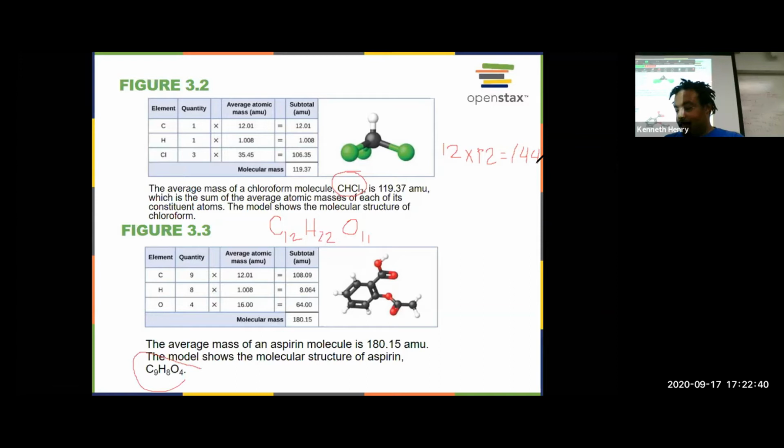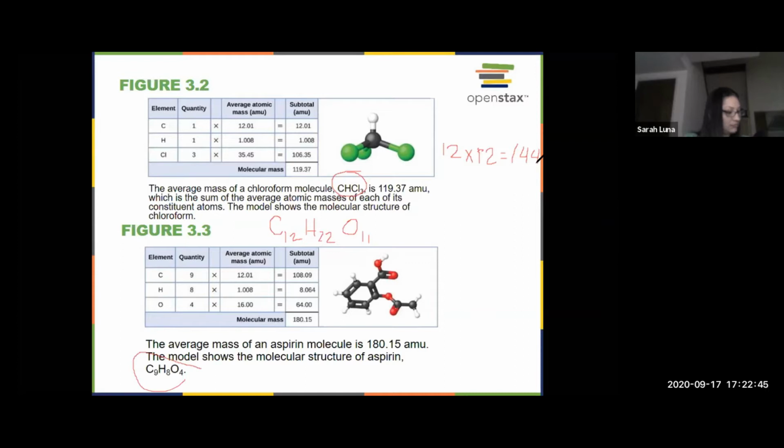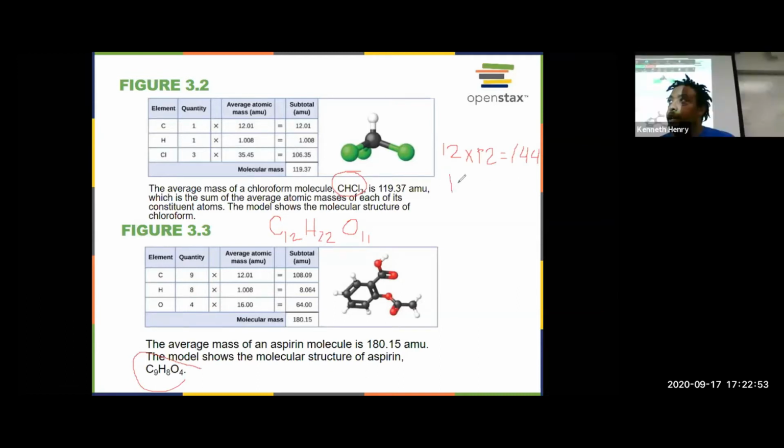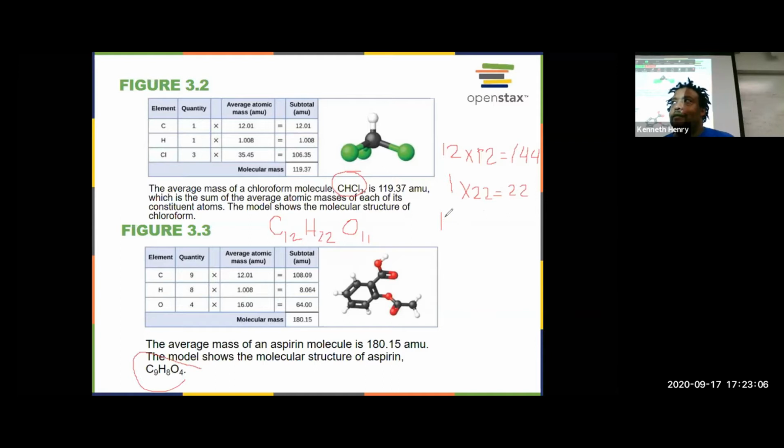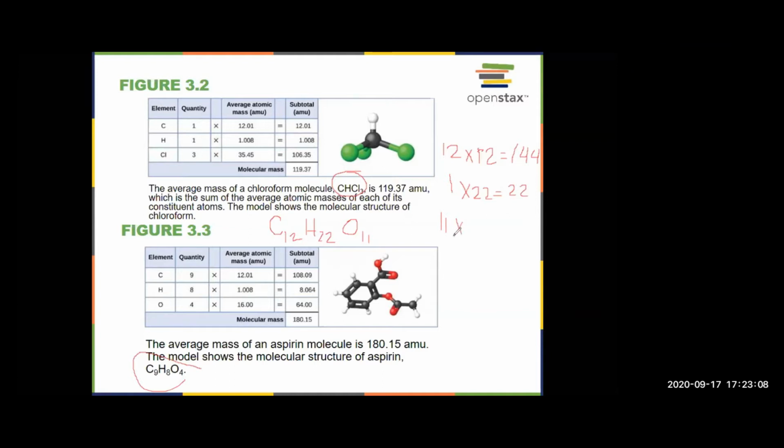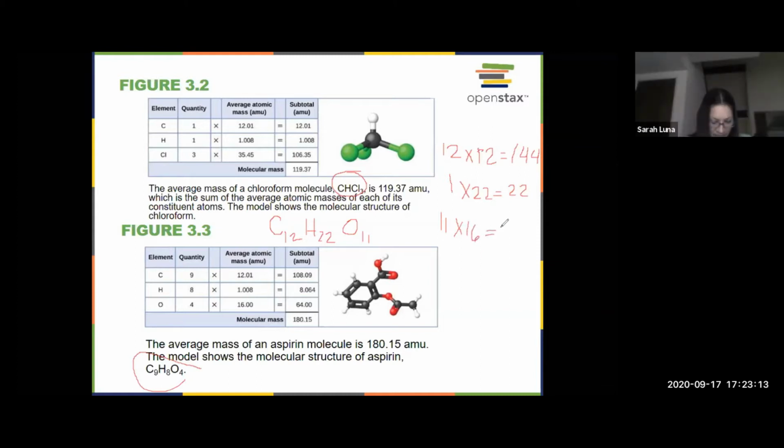And then hydrogen. Since hydrogen is only one, it'd be 1 times 22, right? Yep. And then oxygen, 11 times 16? We're rounding up, right? 11 times 16, yep, 176. And the total is 242?